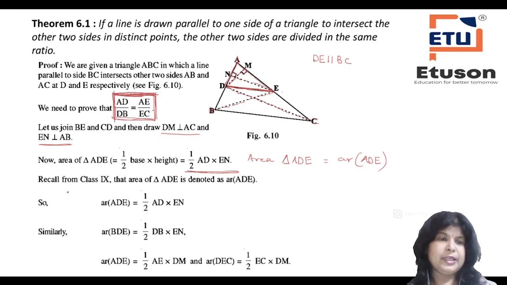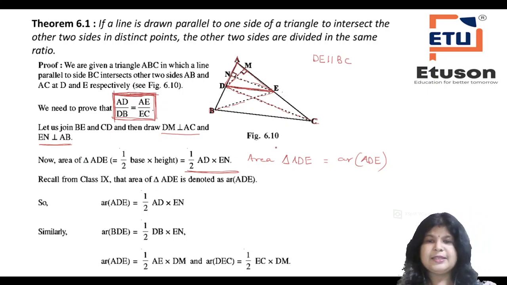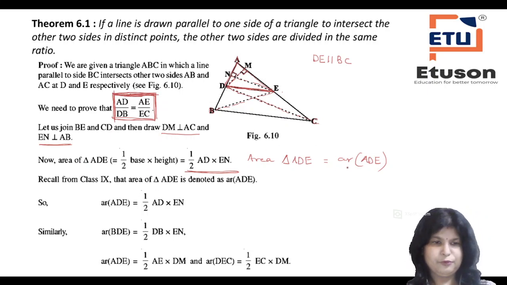So now instead of writing every time area of triangle ADE, I can just write AR for area. So AR ADE is equal to half into AD into EN, right? Similarly, what will be the area for triangle BDE?